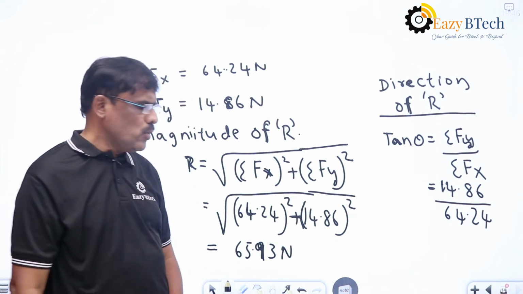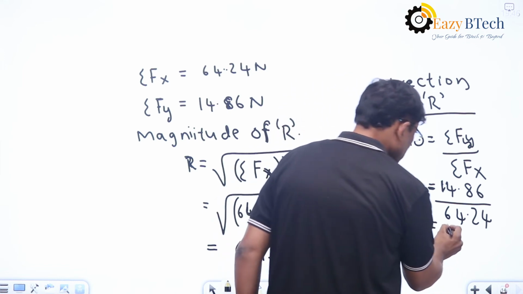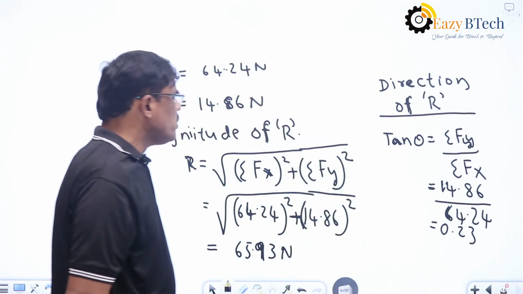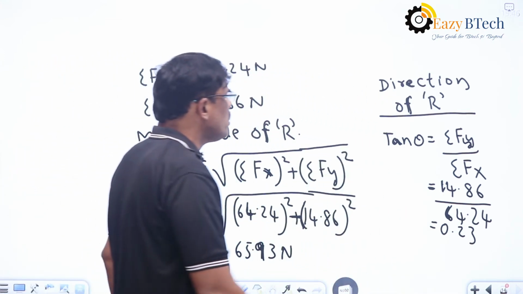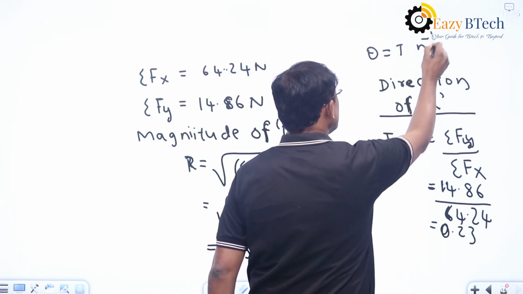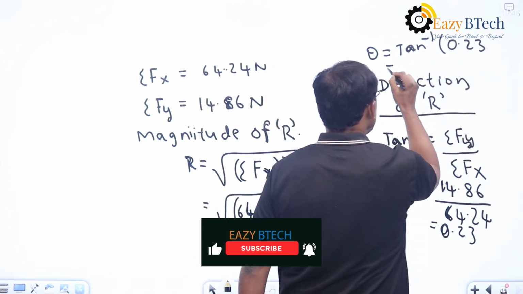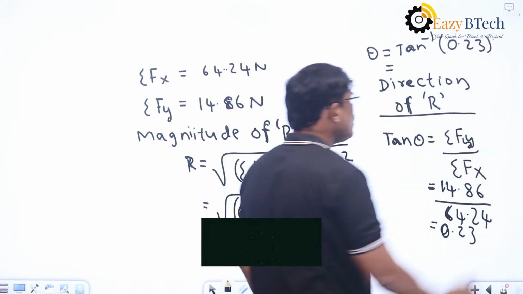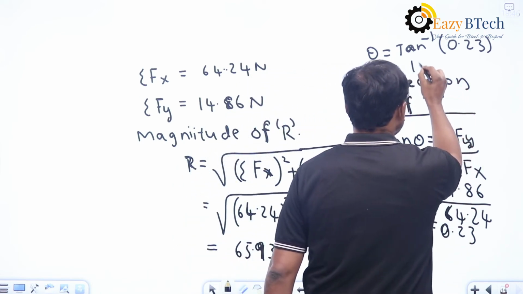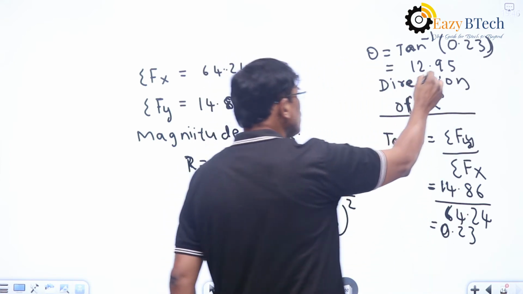This is the tan theta value, which becomes 0.23. So theta is tan inverse 0.23, and when you calculate tan inverse 0.23, this is 12.95 degrees.